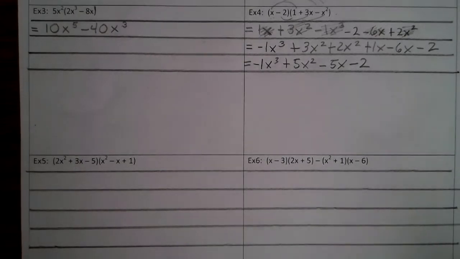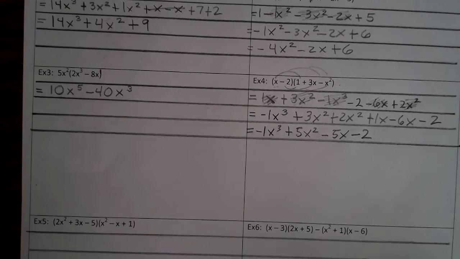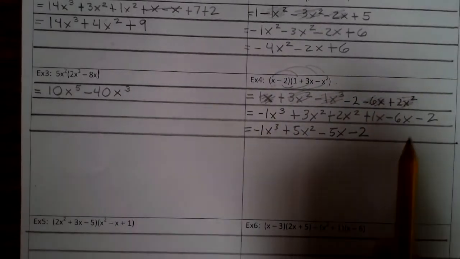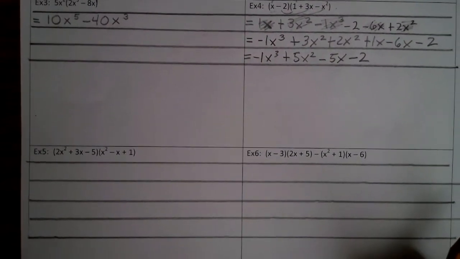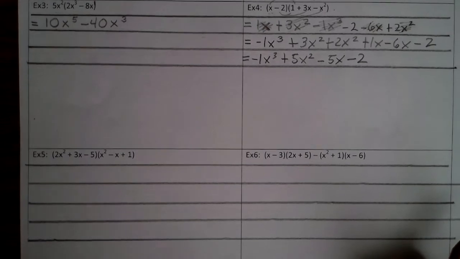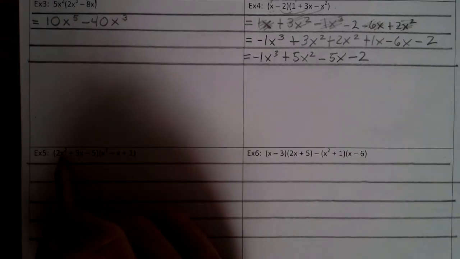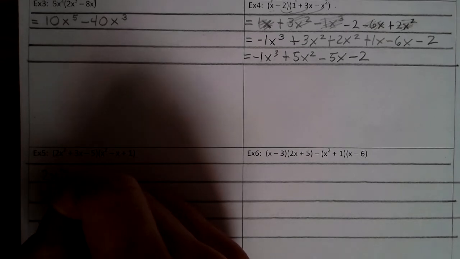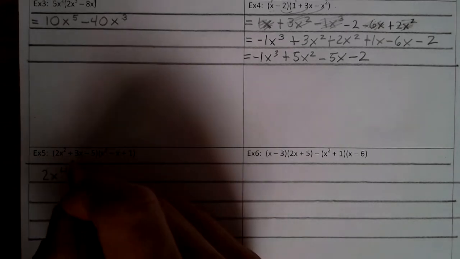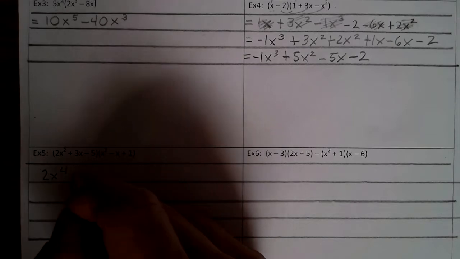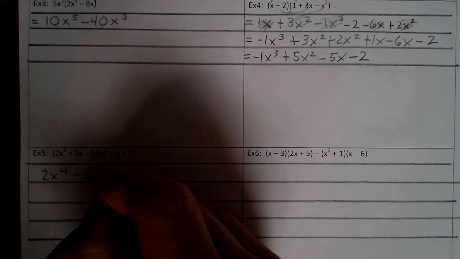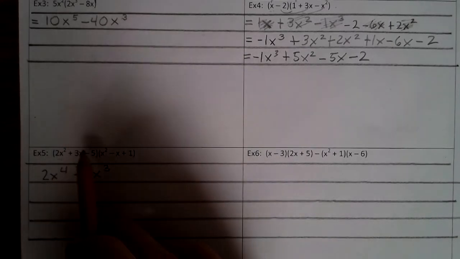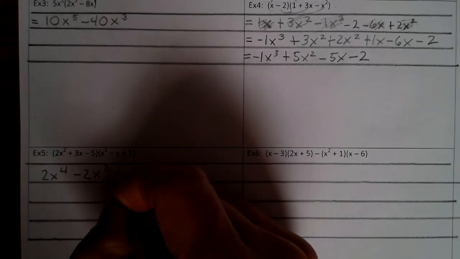All right, so example 5. Now, I've shown you one way to FOIL, and I did it in a row. Let me show you another way, but we're going to do it vertically. It's kind of cool. So 2x squared times x squared is 2x to the fourth. 2x squared times negative x is a negative 2x cubed. 2x squared times 1 is plus 2x squared.